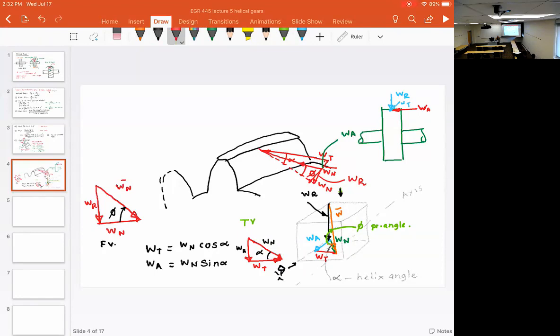Now recognize what this Wa is doing. If you think about the shaft, this Wa multiplied by r is actually causing a moment at this location.